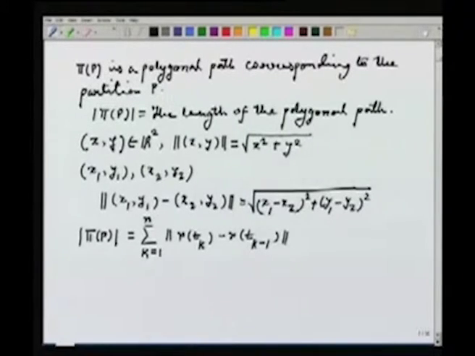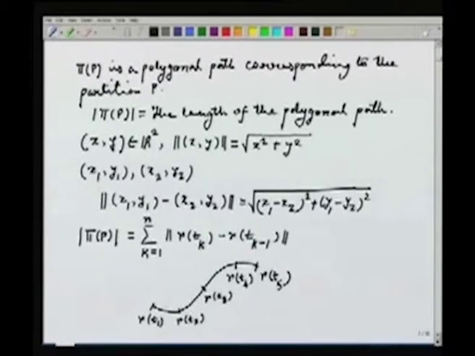So, what exactly is this quantity? I will again draw the picture of the curve. It was something like this. These are the corresponding points coming out of the partition. So, the points are, let us say, r(t1), r(t2), r(t3), r(t4) and r(t5), and then I have joined them by straight lines.